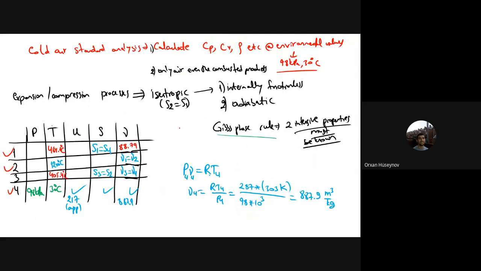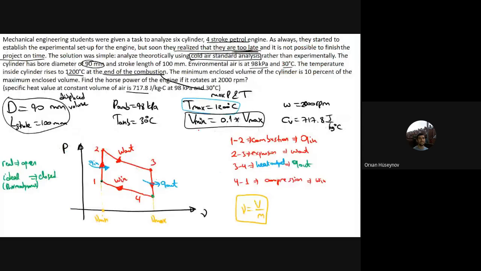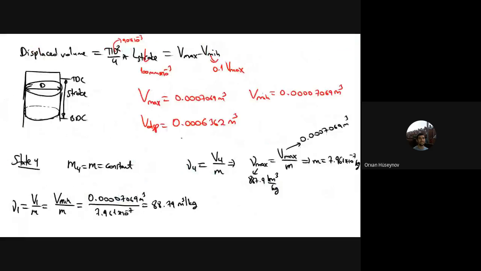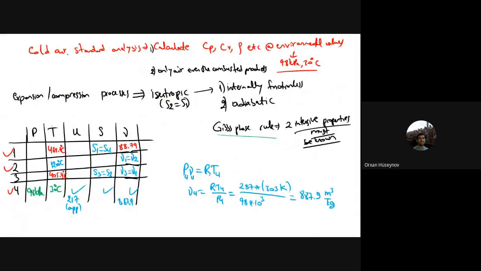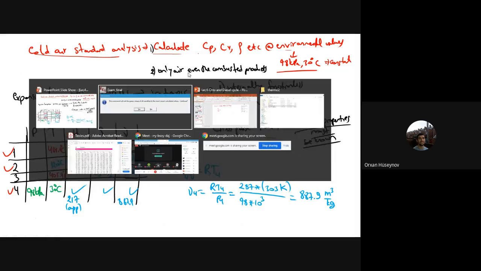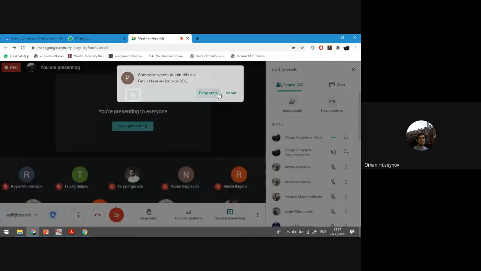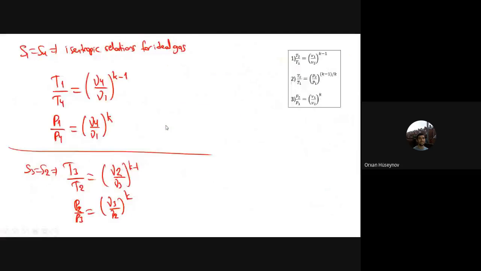For the cold air standard analysis, you will use the Cp, Cv, rho, etc. at environmental values. Because if you use the environmental values, they don't change, and therefore the values are constant. Okay, now let's solve it.